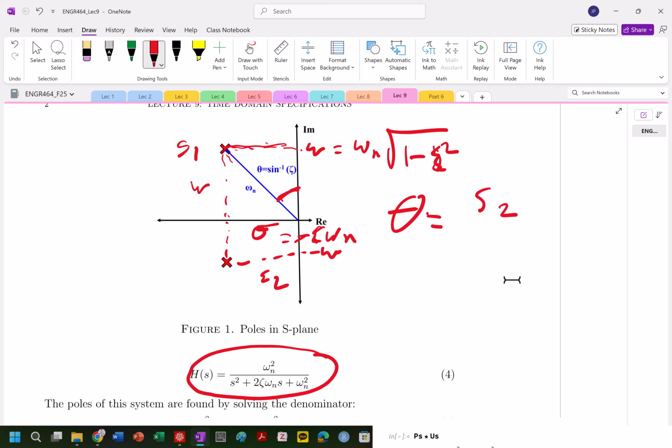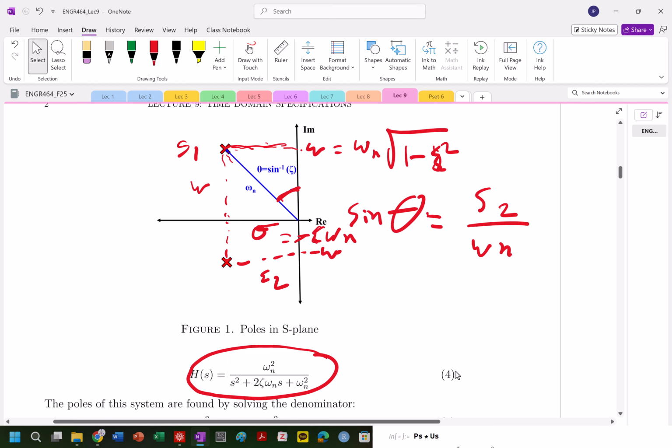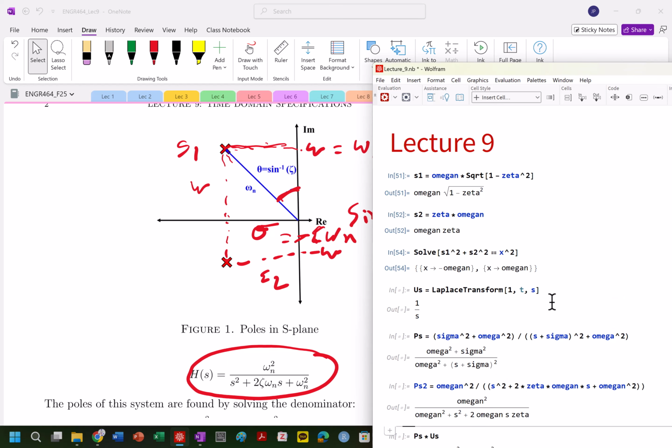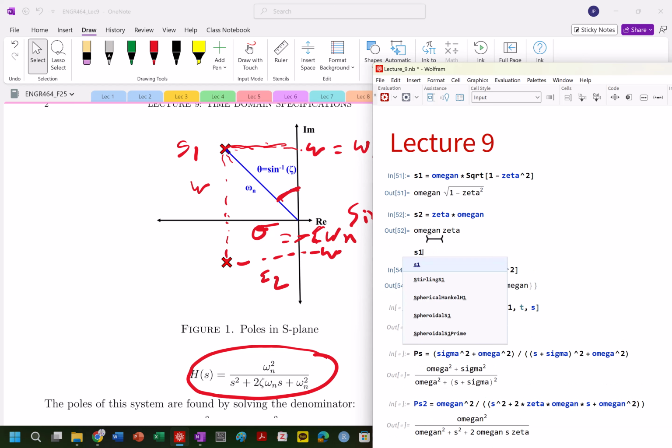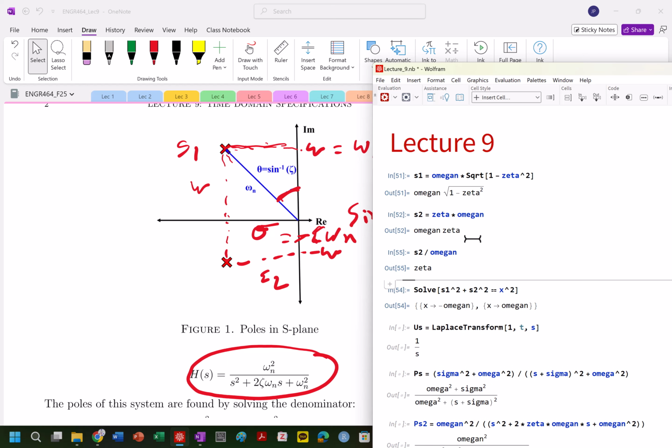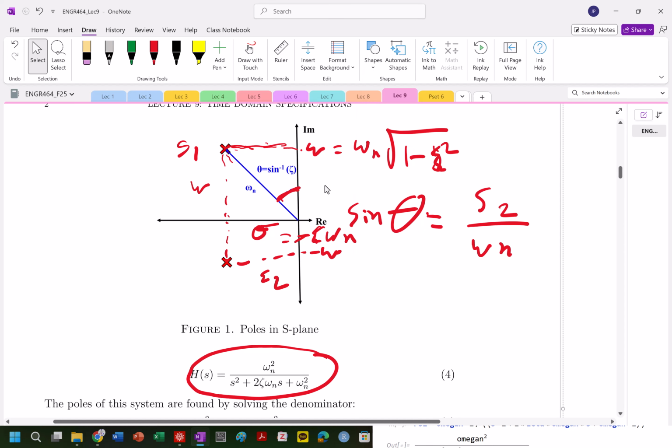Yes, indeed. Over the hypotenuse, which is omega n. Actually, sine of theta is that: the opposite over the hypotenuse, so S2 divided by omega n. And indeed, that's zeta, and that gives us the value.